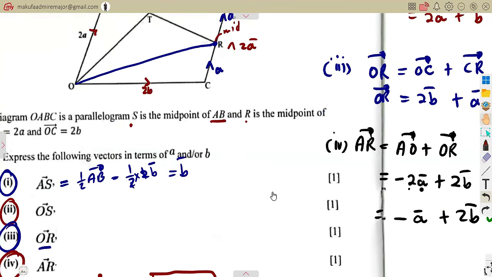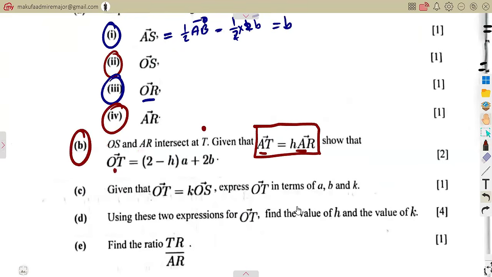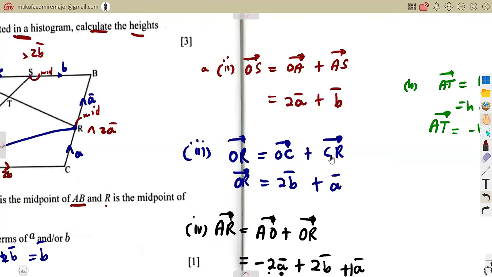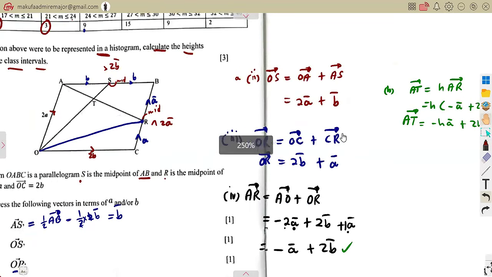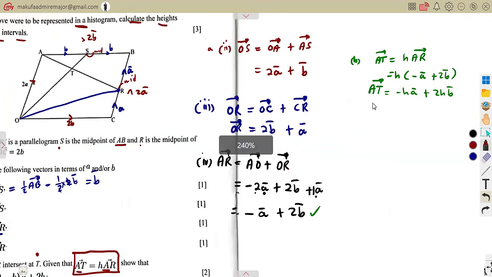This is not what we were asked to calculate. The question is to show that OT is going to be like this. So you need to calculate OT from this AT that we have. It must be a continuation. Using this AT, we can calculate OT. So from O to T, that is the rule that we want.